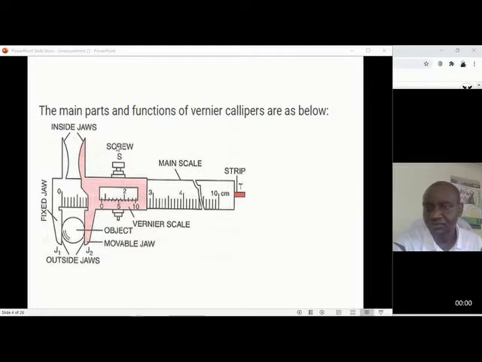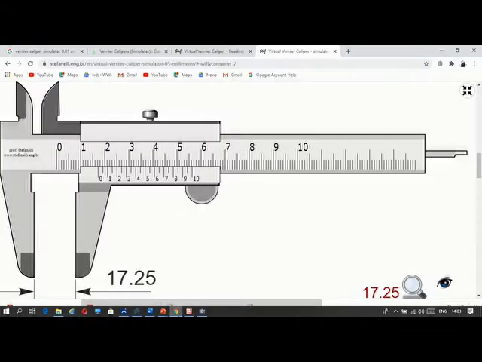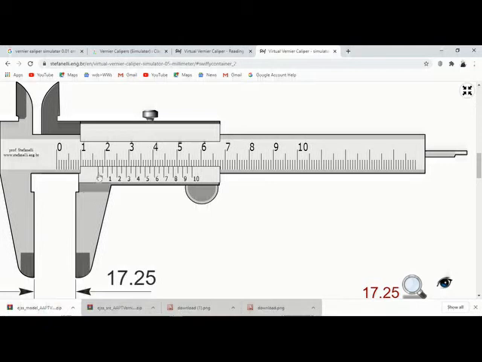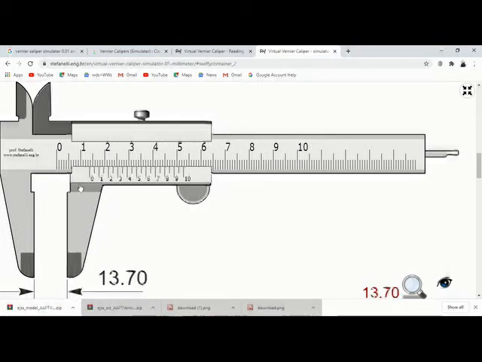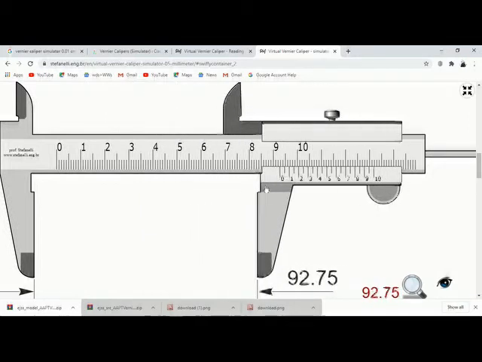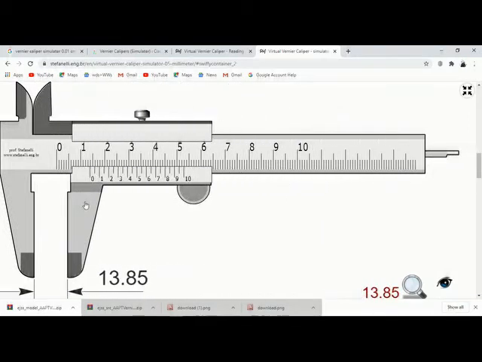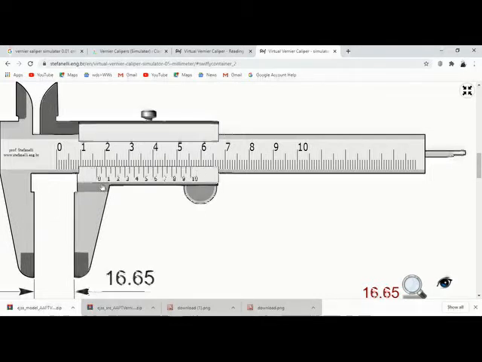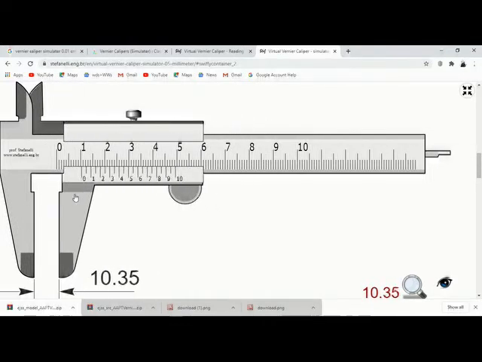We have a screw. We have the vernier scale. We have the main scale. Actually, this is how it looks. The vernier scale slides over. See? So you place an object inside here, then you fix it for you to measure.